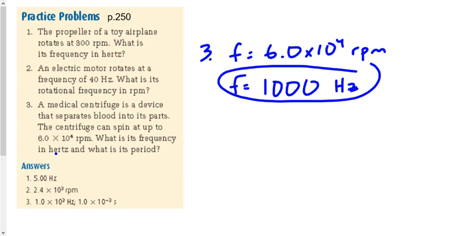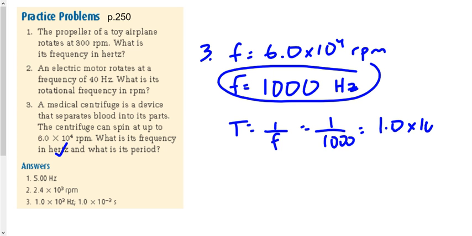What's its frequency in hertz? What's its period? Well, the period is simply going to be 1 over the frequency, which is 1 over 1,000, which is 1.0 times 10 to the negative 3 seconds. So it takes 1/1000th of a second for this thing to spin around once.